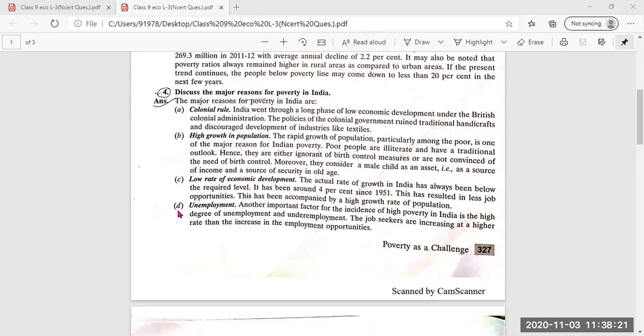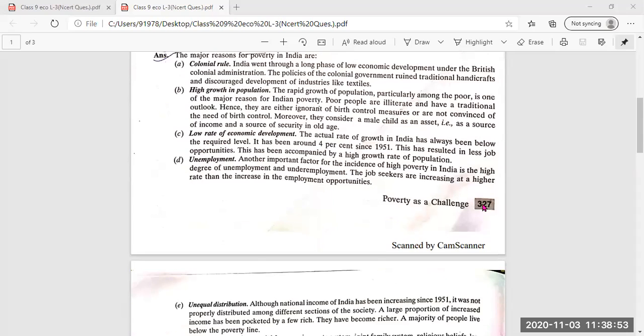They think that if a male child is born, it will be a source of income for the family, adding money to the family. And also poor people think it is a source of security: in old age they will be looked after by the male child. So this is the reason, the high growth rate in the population.